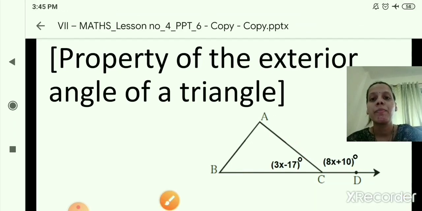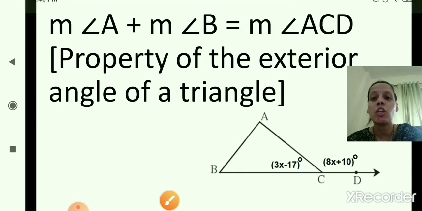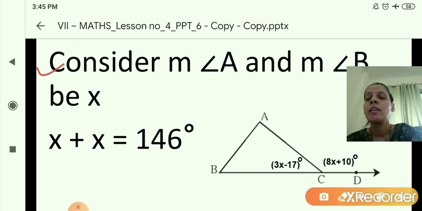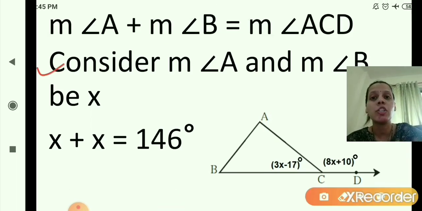Now, as we know the measure of angle ACD, we will put this. Now, the measure of angle A and the measure of angle B, we will consider as x degrees. Yes, as you can see here, consider the measure of angle A and angle B to be x degrees. These angles we will consider as x degrees.